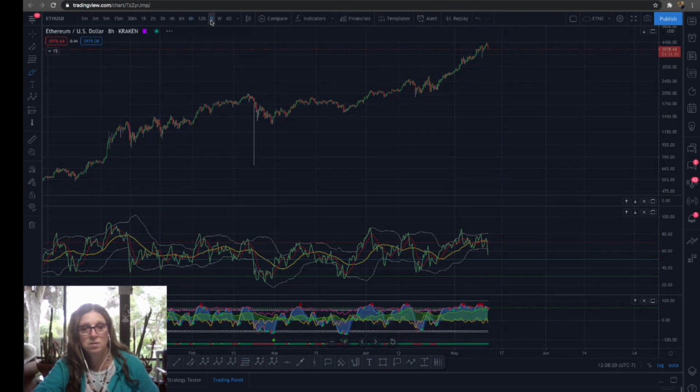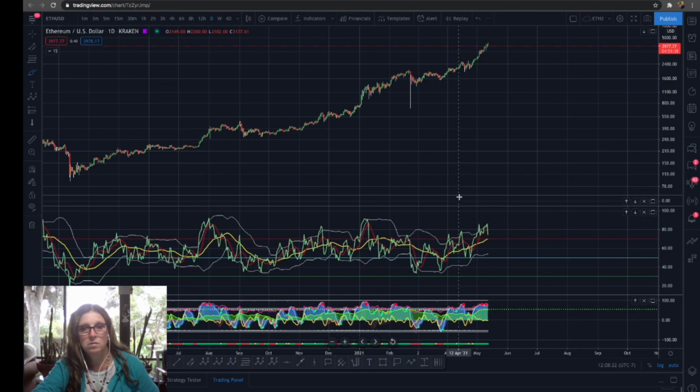Let's take a look at the daily real quick. So the daily, we had bearish divergence between these 2 points, and then we had more bearish divergence between these 2 points. That is what caused this correction. So the daily can come down and reset itself. This could finally be the 4th we're looking for.